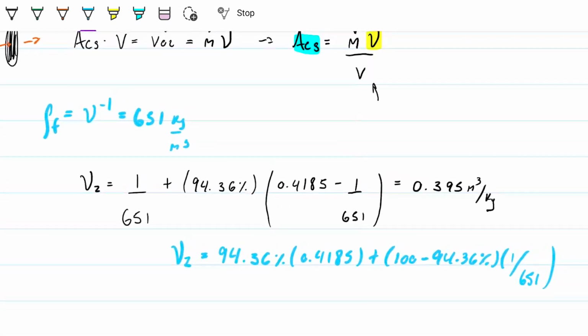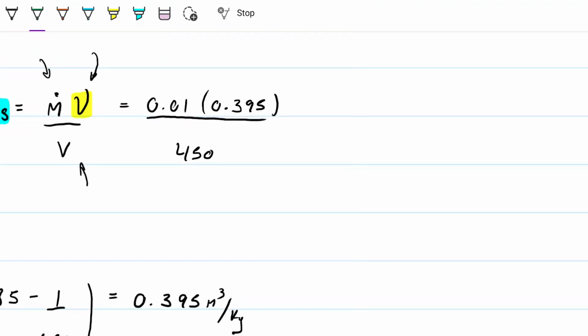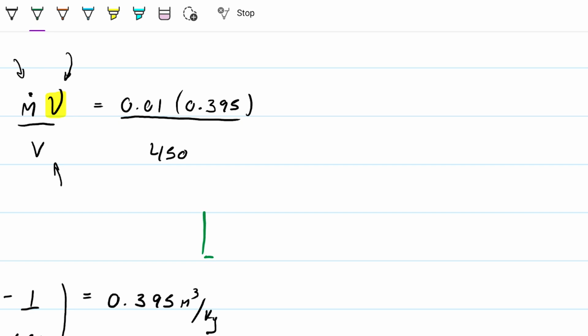Okay. And then with this, I can now go ahead and calculate my cross-sectional area, which will be 0.01 times my 0.395 divided by my 450. Unit-wise, what do we have here? We have kilograms per second.